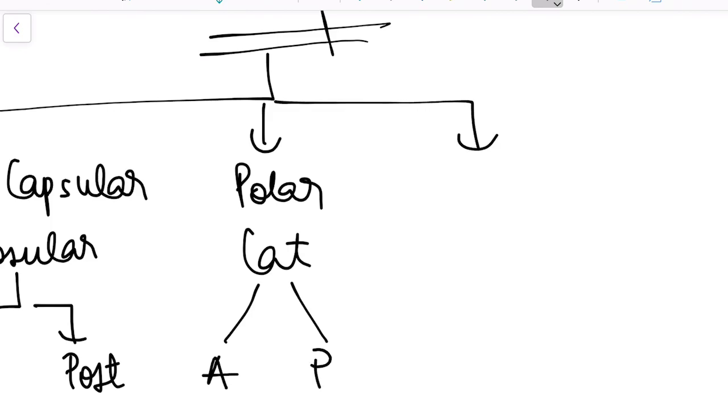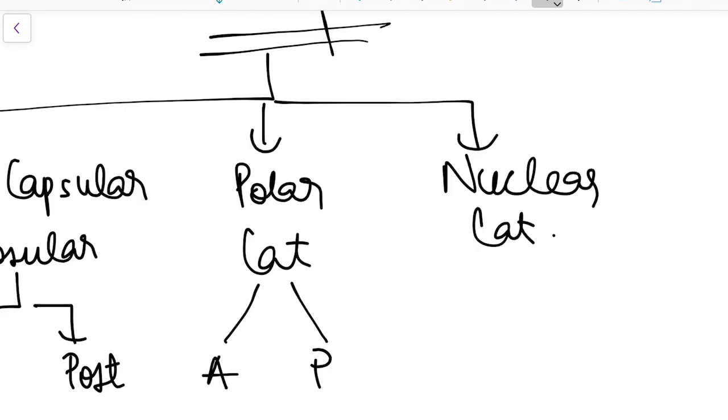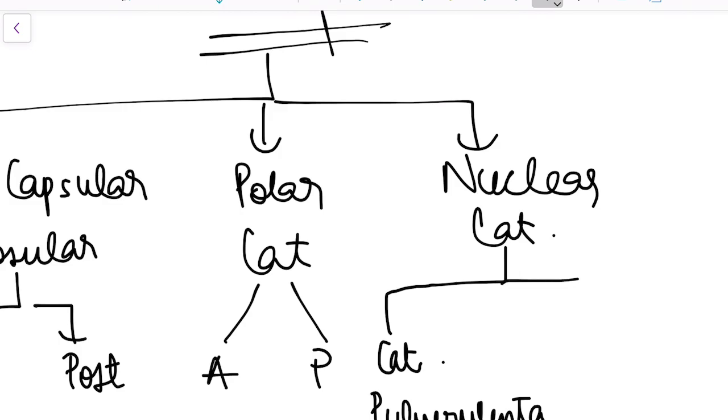Third is congenital nuclear cataract. In congenital nuclear cataract we can have 4 types. One is cataract pulverulenta. Okay.